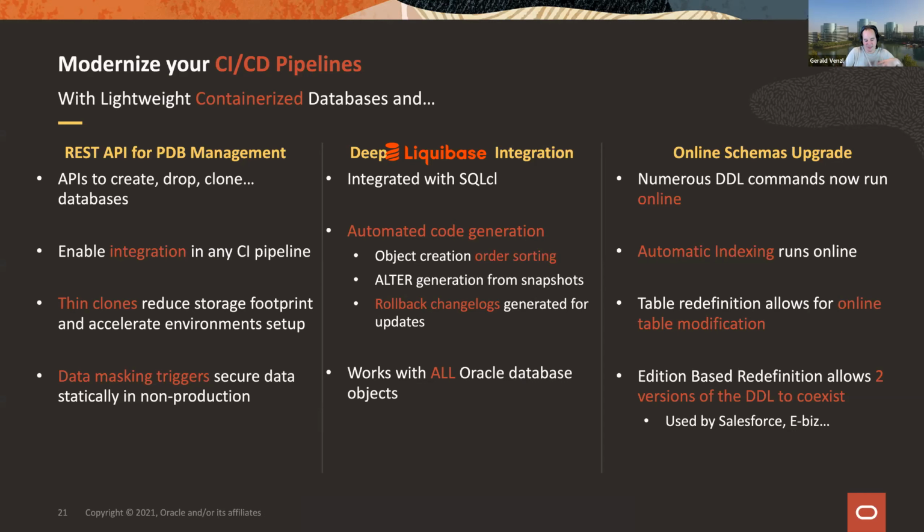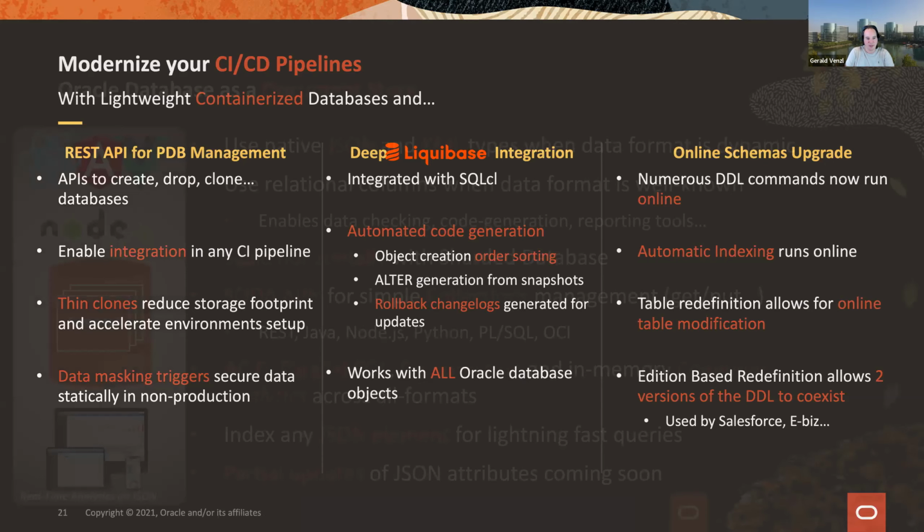Those things matter when your system gets big, in production. You don't want to take downtime anymore. And of course also edition-based redefinition is a really important aspect that allows you to edition your schema changes as well as your PL/SQL.